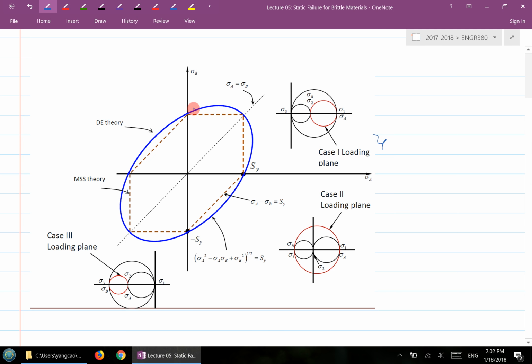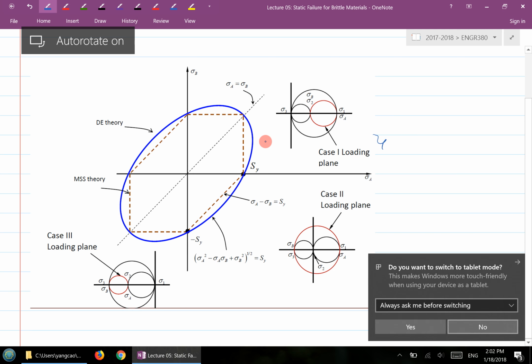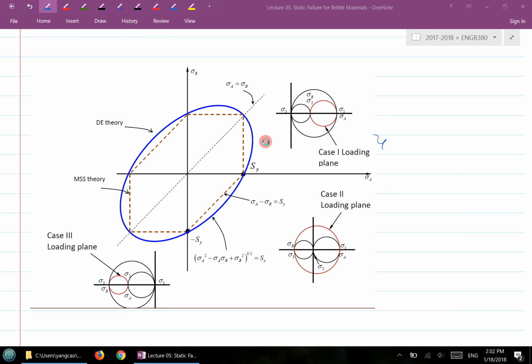So you always have essentially three different types of loading conditions, or loading planes. Basically, it's a planar case, and then put into 3D perspective. That's why you see the three different types of loading planes here.